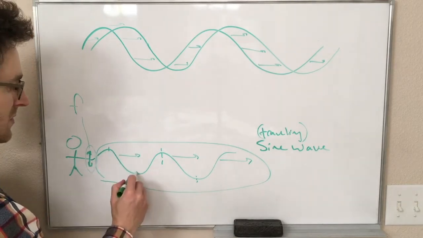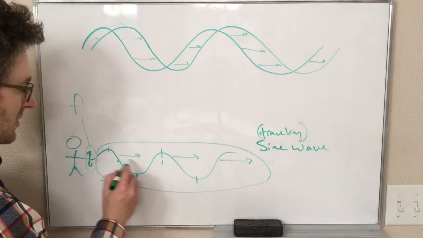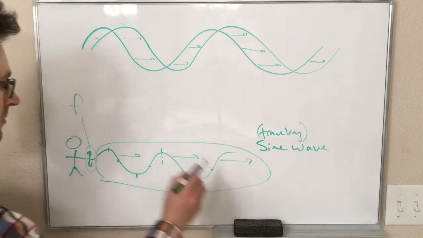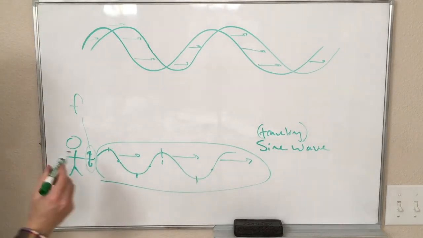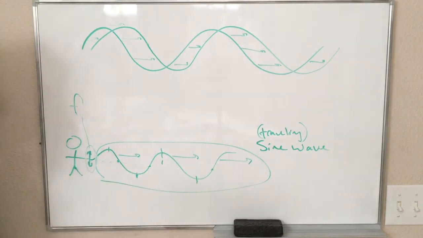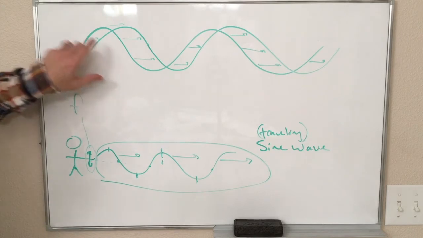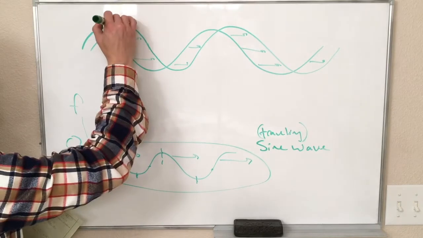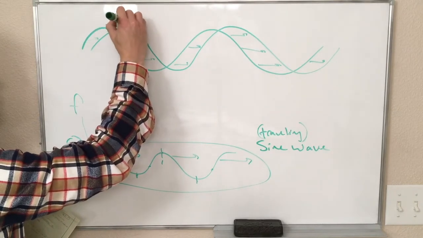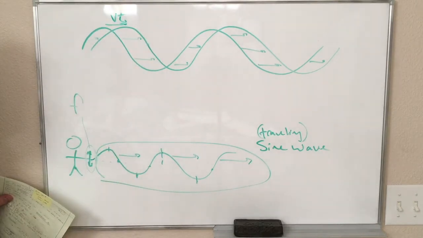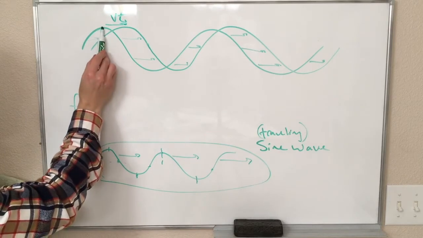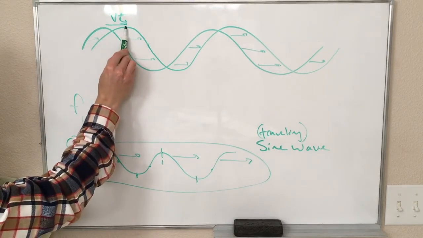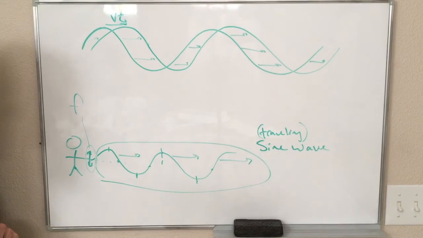So it has these maximums and these minimums, and also some places where the displacement is equal to zero, right? Where the rope is at this zero height, it has not moved up or down. And you can see, as this wave shape moves to the right, it will travel a distance of v times t in some time t, right? So if this is t equals 0, sometime t later, it will have traveled a distance of vt.